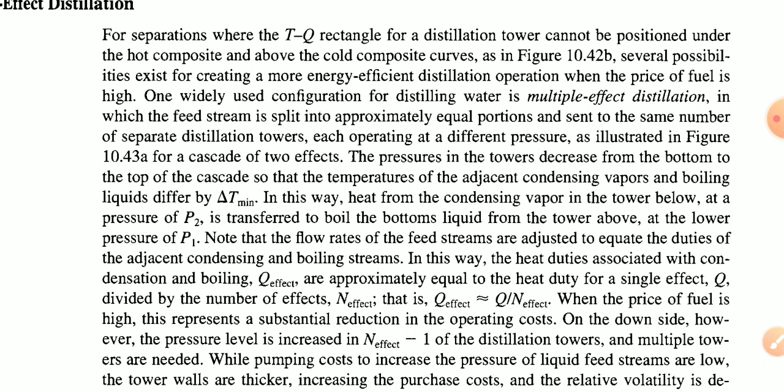The pressure in the tower decreases from the bottom to the top of the cascade, so that the temperatures of the adjacent condensing vapor and boiling liquid differ by the delta T minimum.